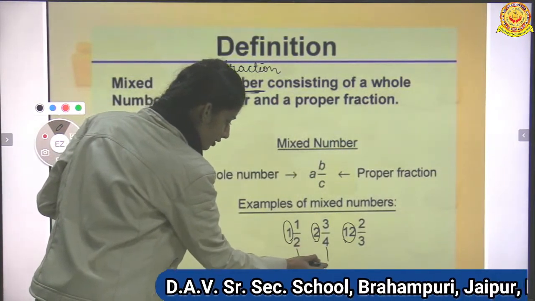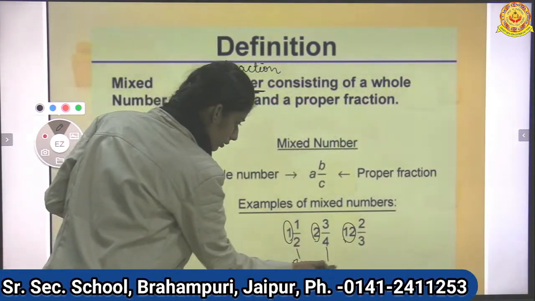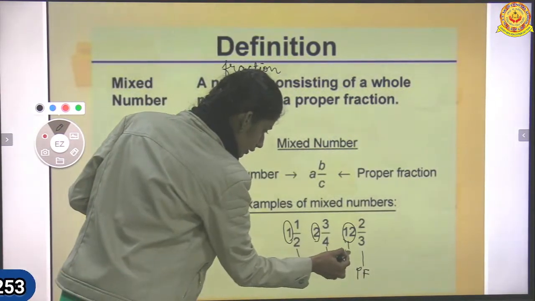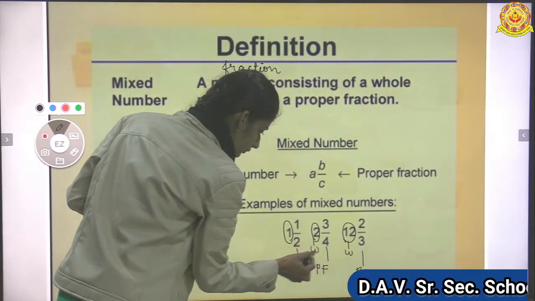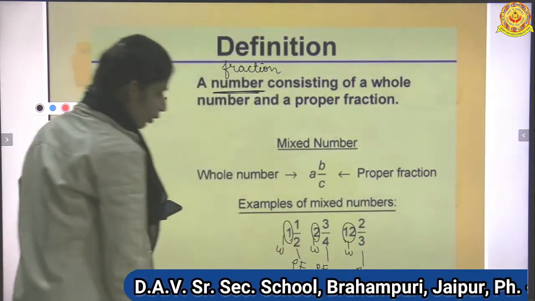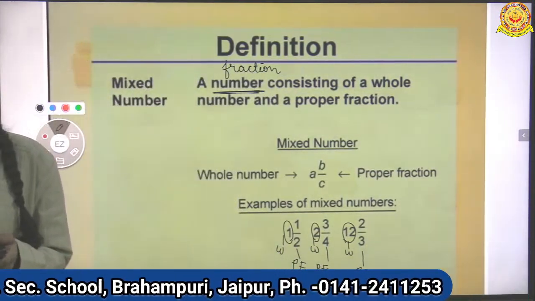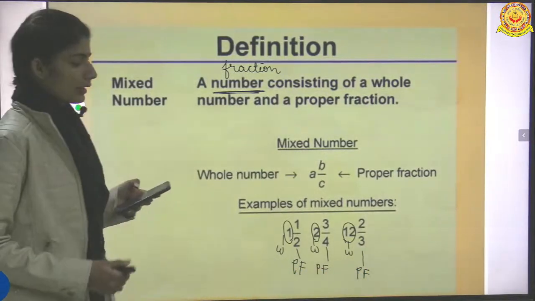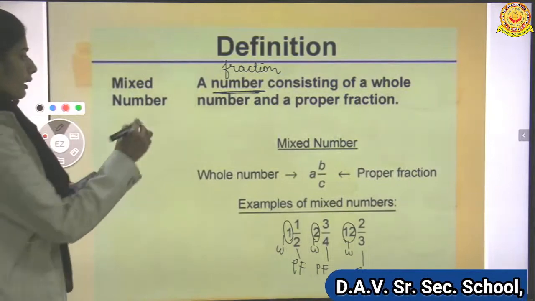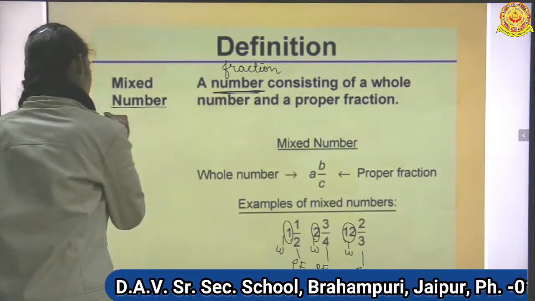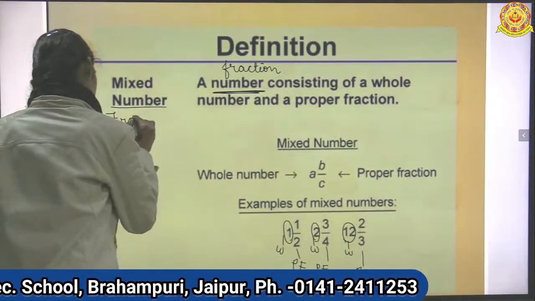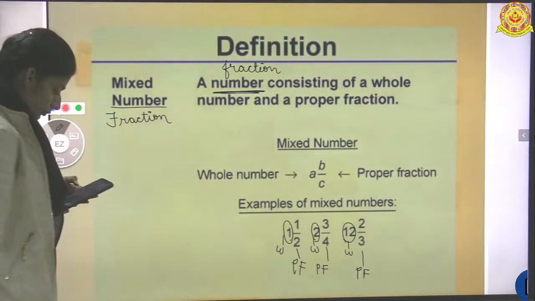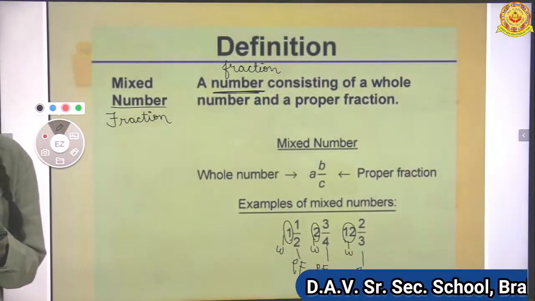So you can see that if we have a whole number and a proper fraction in a particular fraction, then it is said to be a mixed fraction or mixed number.